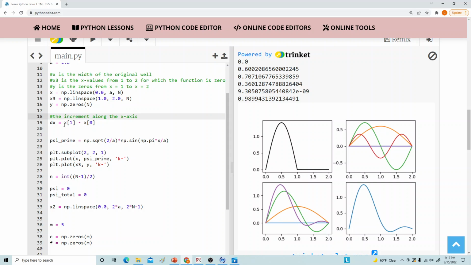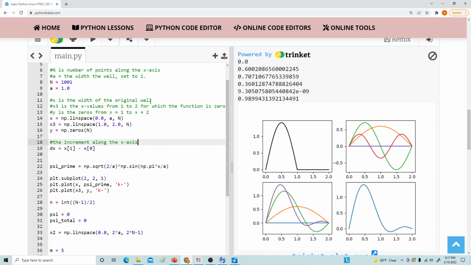Now, remember, we have 1,001 points from 0 to 1. That's what this line of code says. So remember that your index for Python starts at 0.